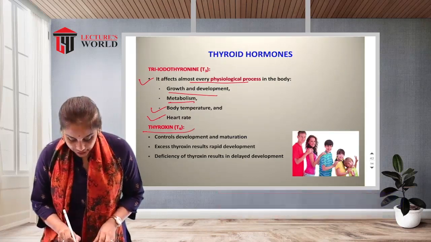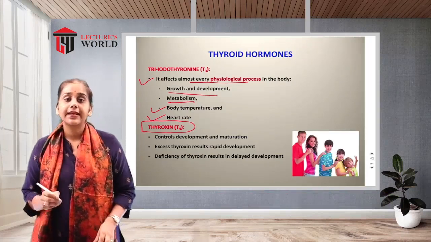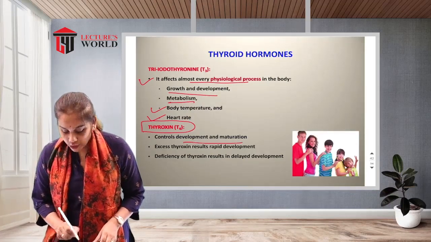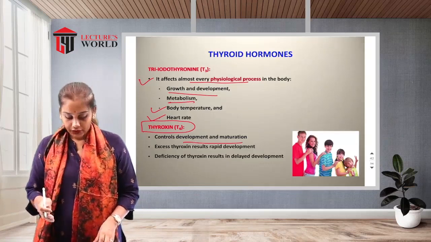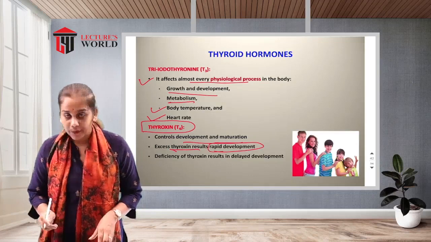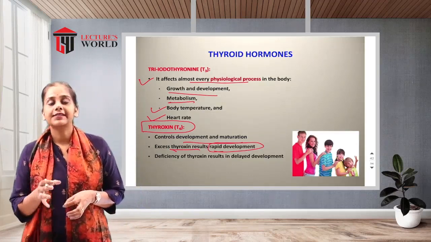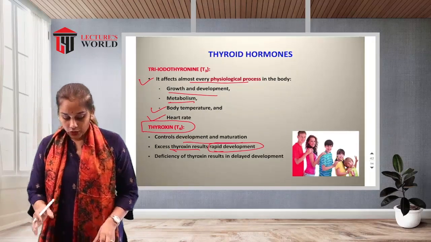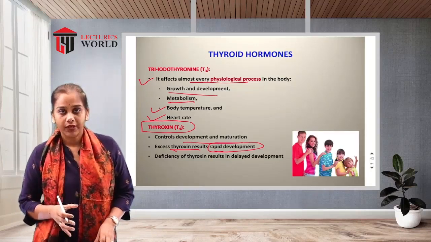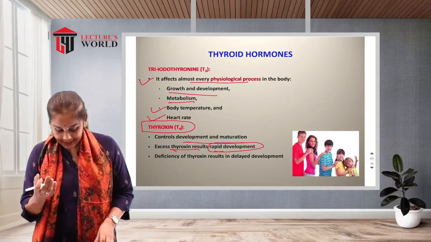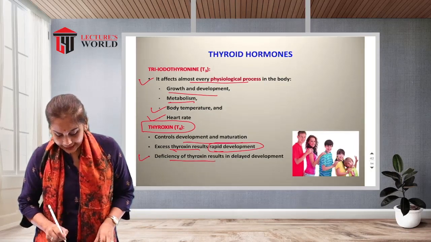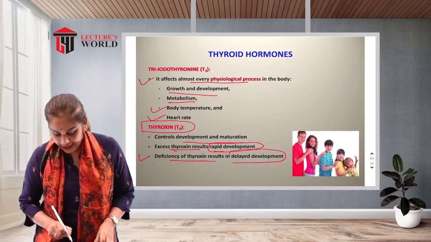The next one is the thyroxine hormone, known as T4. What is the function of T4? It controls development and maturation. Excess thyroxine results in rapid development, so it helps control development and stops overgrowth of cells and maturation. Deficiency of thyroxine results in delayed development.